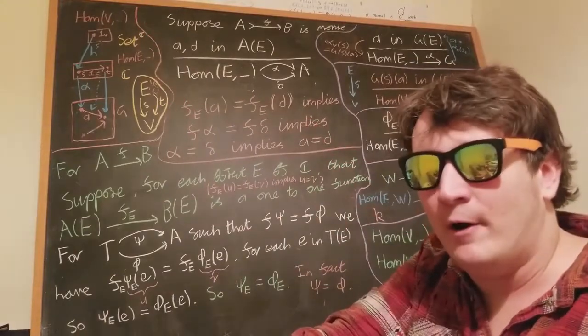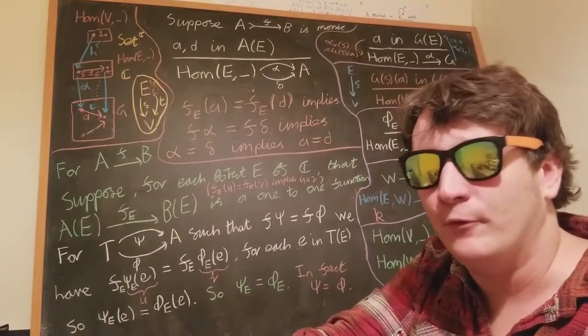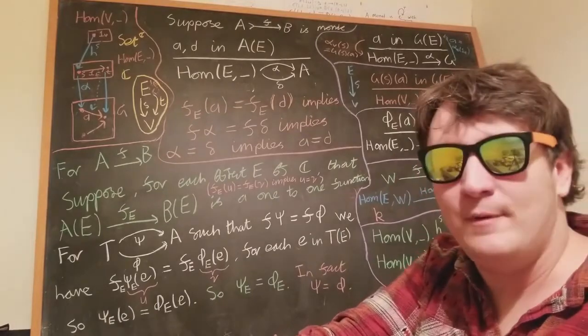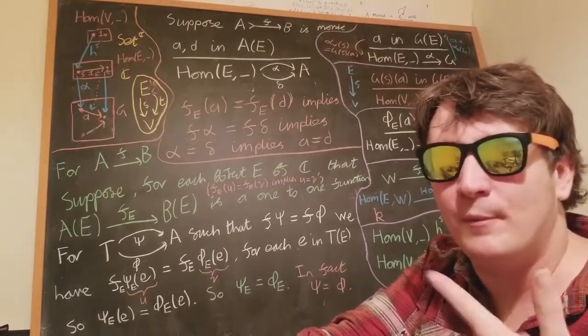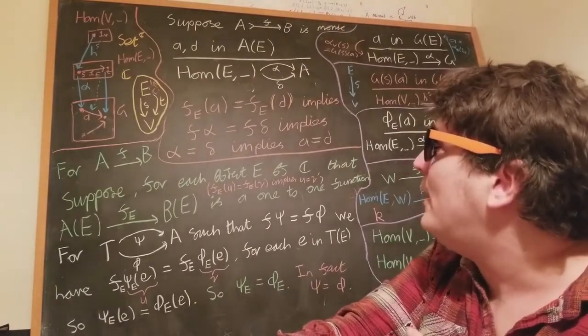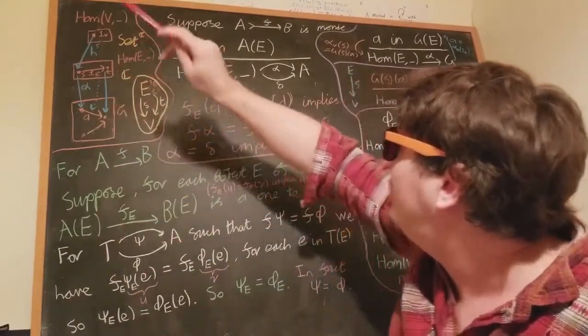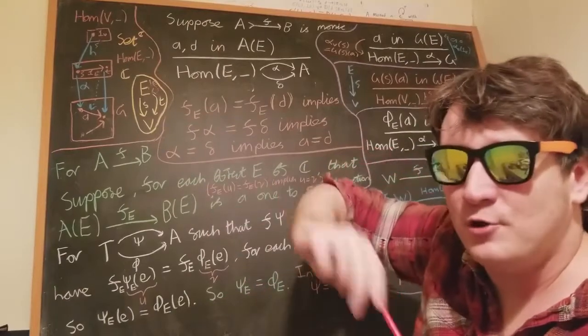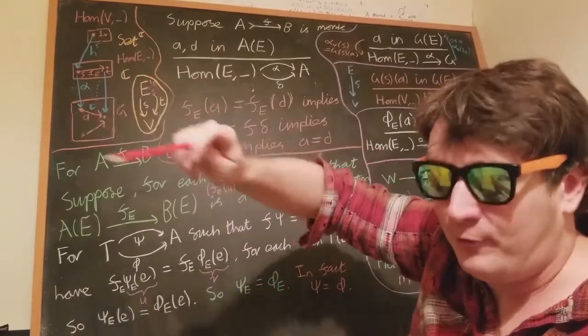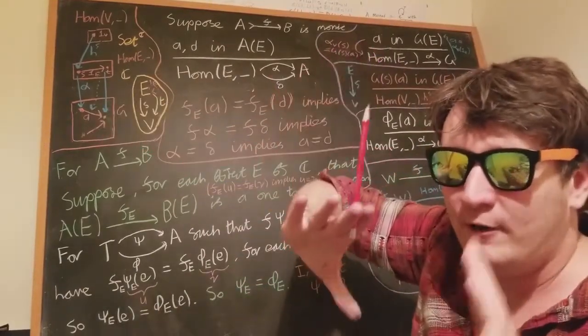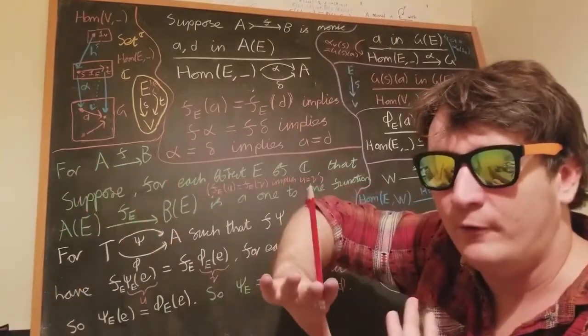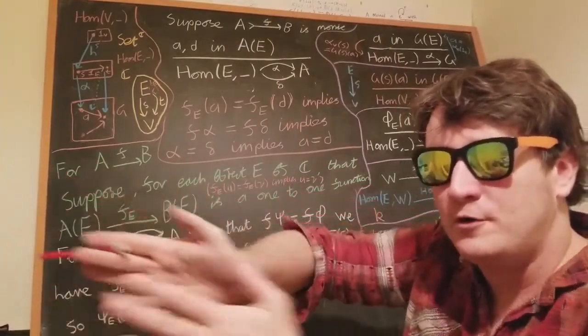Now, which arrows are going to be monomorphisms? Well, I mentioned this result in the last video, but I want to actually go for a proof this time. So the claim is that the arrows in here which are monomorphisms are precisely the natural transformations which have each of their components as a one-to-one function.